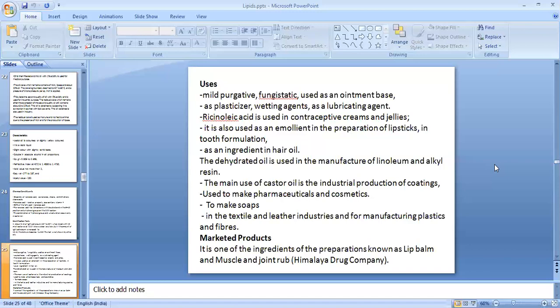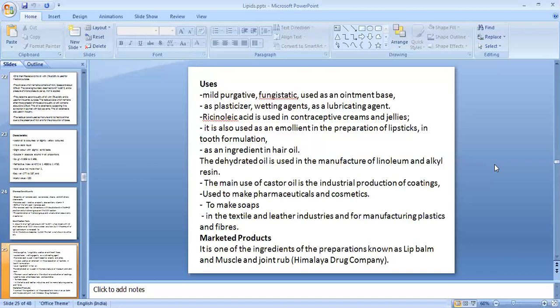So that is about castor oil, and some forms of castor oil like hydrogenated castor oil or dehydrogenated castor oil. All these are used especially for industrial purposes.